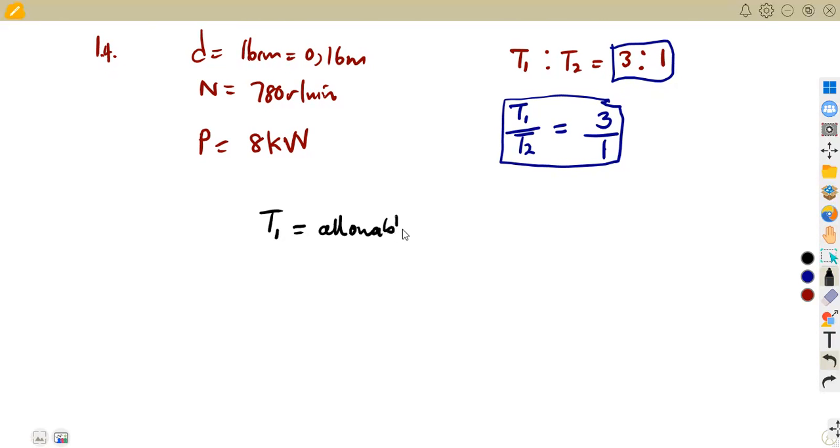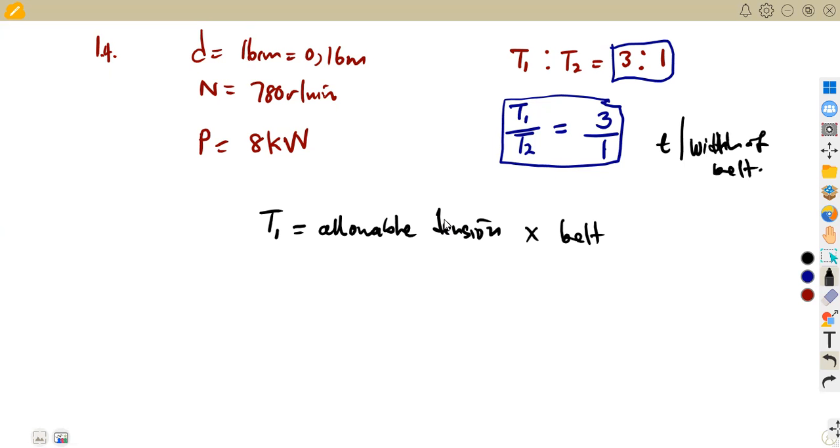In this case, we're going to have this as the allowable tension multiplied by the belt width, because it's given per belt width.